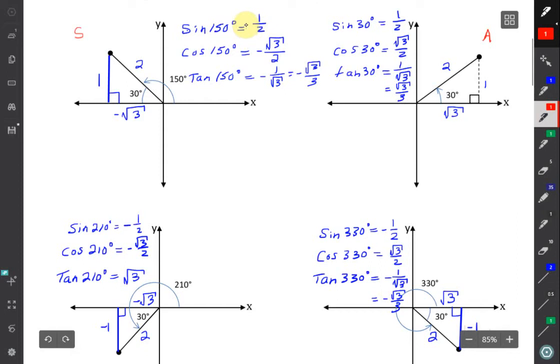So for 30, there are 2 ratios that are a half. There's also 2 ratios that are negative a half. So for any given ratio, there are 2 angles in a full circle that represent it. Now, if we go beyond a full circle, there's actually an infinite number of equal ratios and angles that go along with it.